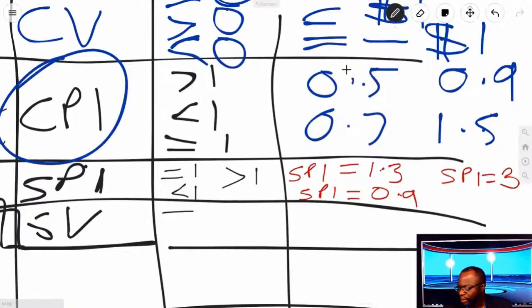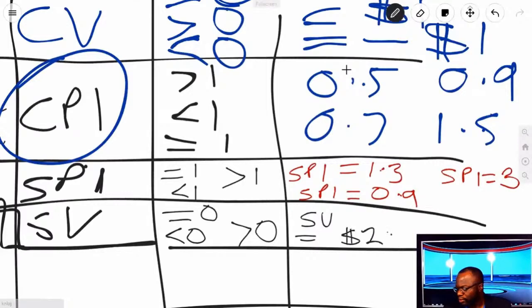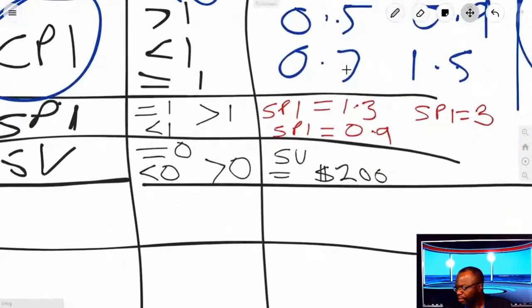SV equals 0 means you're right on target in terms of schedule. Less than 0 means you're behind schedule. Greater than 0 means you're ahead of schedule. So if you say SV is equal to, for example, $200, versus SV equals minus $200.